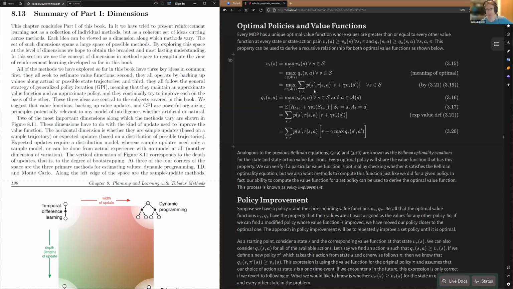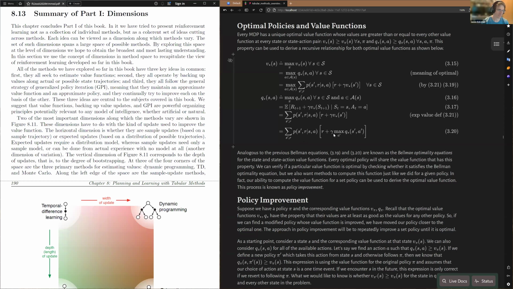And then just like in the derivation of the Bellman equations, I found it easiest to see how the relationships work by going back and forth between Q and V. You can re-express this in terms of the state value function, with the recursive relationship for the state value function.